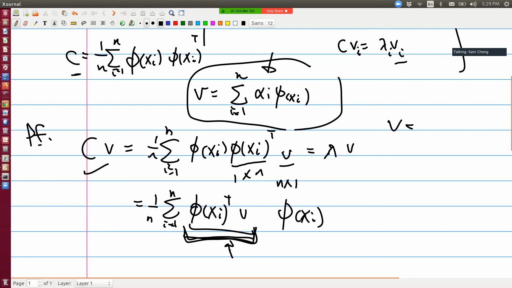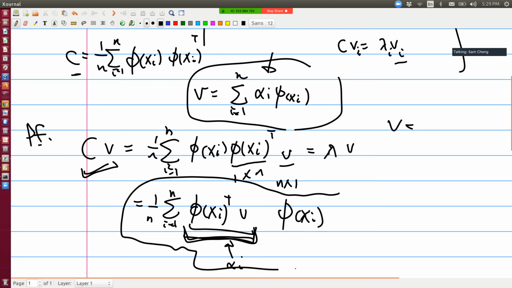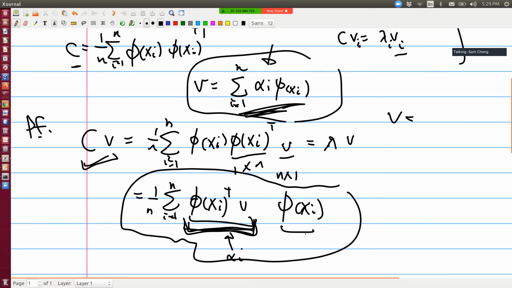So this is essentially my alpha i. See? So for any vector that is an eigenvector of C, it turns out it can be written in this form. So it's just some alpha i, a weighted sum of phi xi, basically.